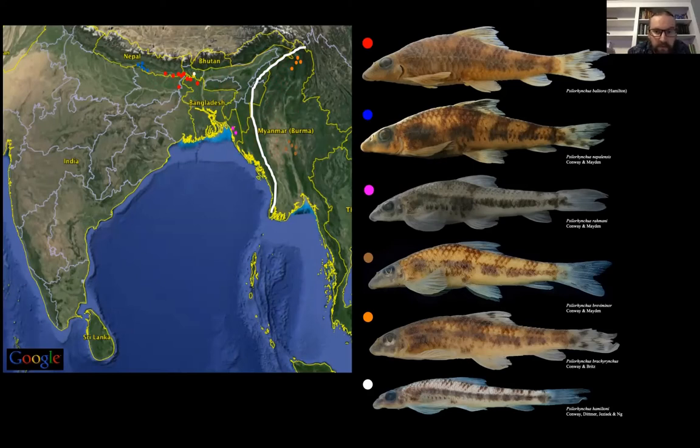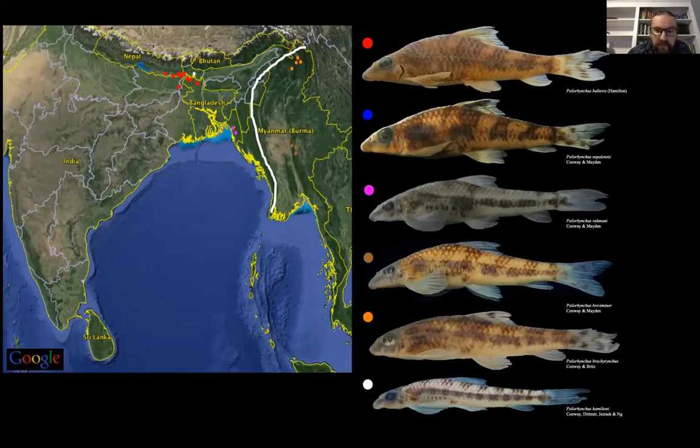And so I gave names to all of these species over the years. And I was able to do that because I designated a neotype for Cyrenacus balatora, which allowed me to have a comparative context.